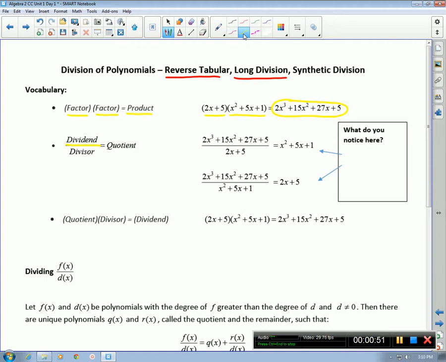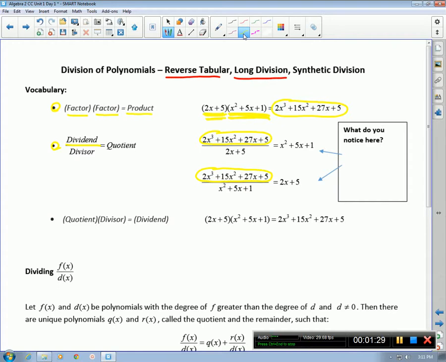So I can take the same polynomials from the factor equals product, and I put my product on the top. So you see the quantity 2x cubed plus 15x squared plus 27x plus 5 is our dividend, divided by this factor equals the other factor. And likewise, that same product on the top divided by the other factor, so this one's under there, gives you the other factor.